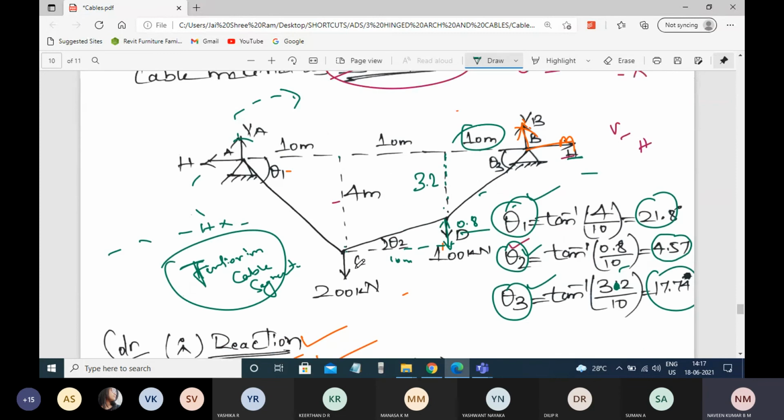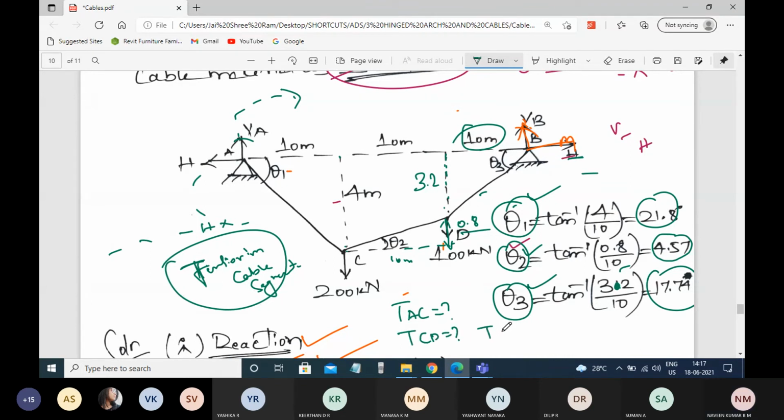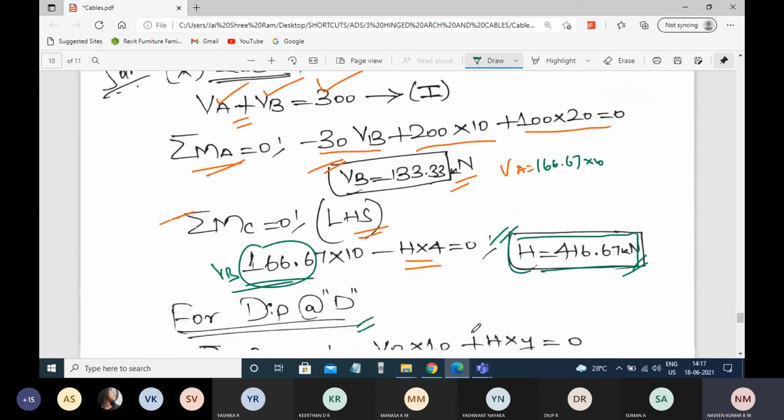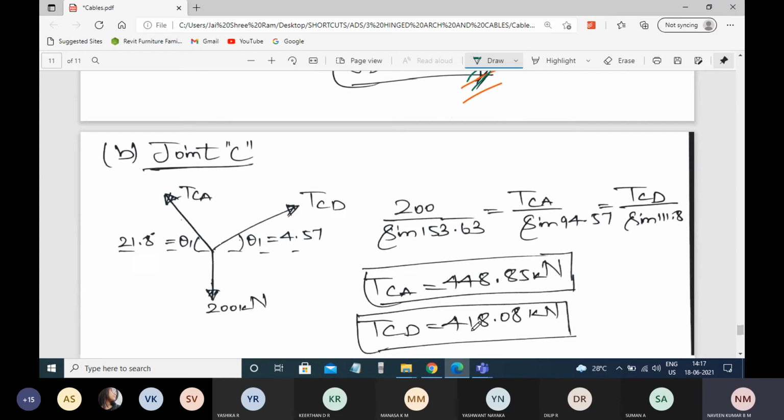So now we need to find the tension in the AC segment, that is TAC, and TCD we need to find, and TBD we need to find, and also we need to find the length of the cable.